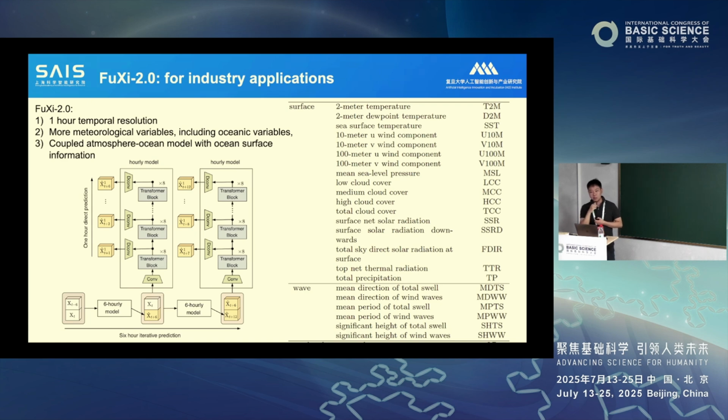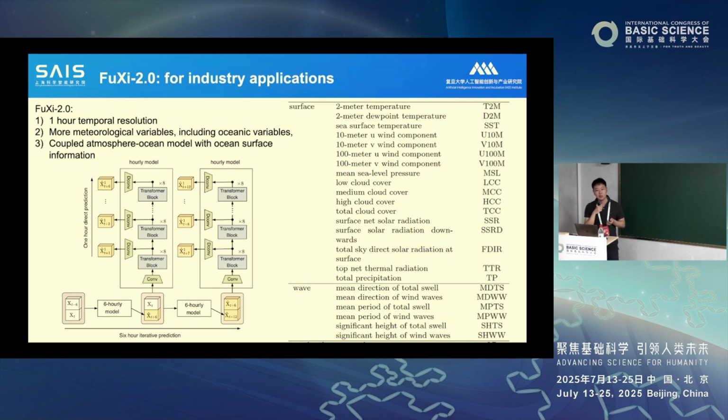FuXi only has 6-hour temporal resolution, and the temporal resolution is not sufficient for many applications. So that's why we further developed this 2.0 version for more practical applications. We developed FuXi 2.0 consisting of two models.